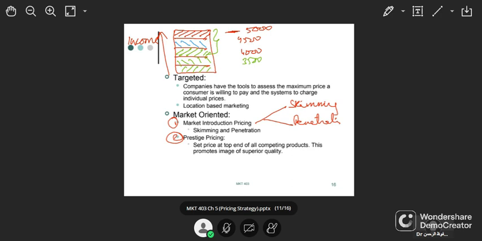Then we have prestige pricing. Now, skimming and prestige, there are similarities and there are differences. The main similarity is that in skimming, when we launch the product, we launch at a higher price, like a mobile phone. In prestige also, an exclusive product, we launch at a higher price, a luxury product.